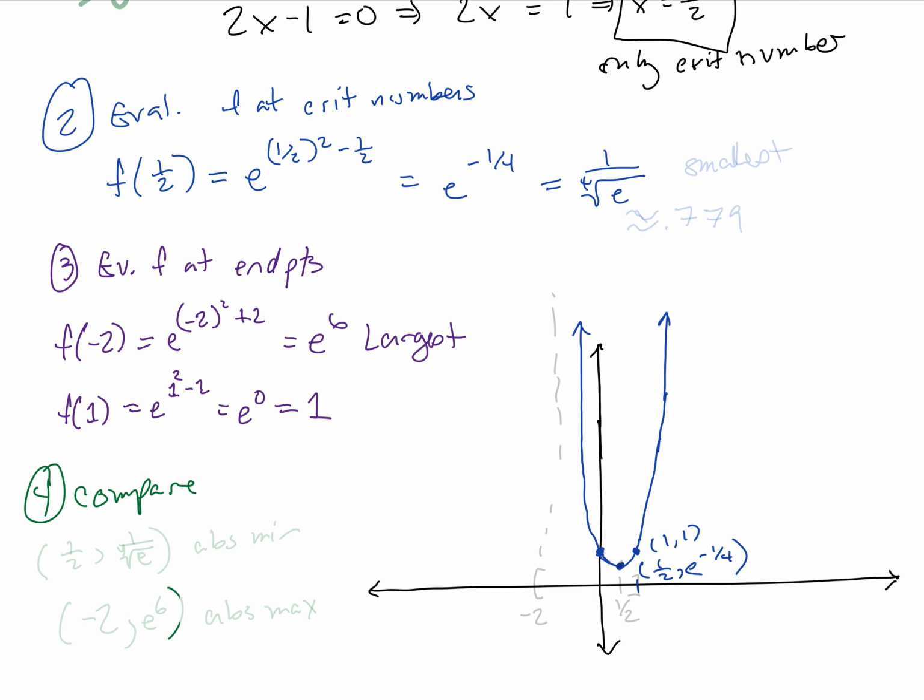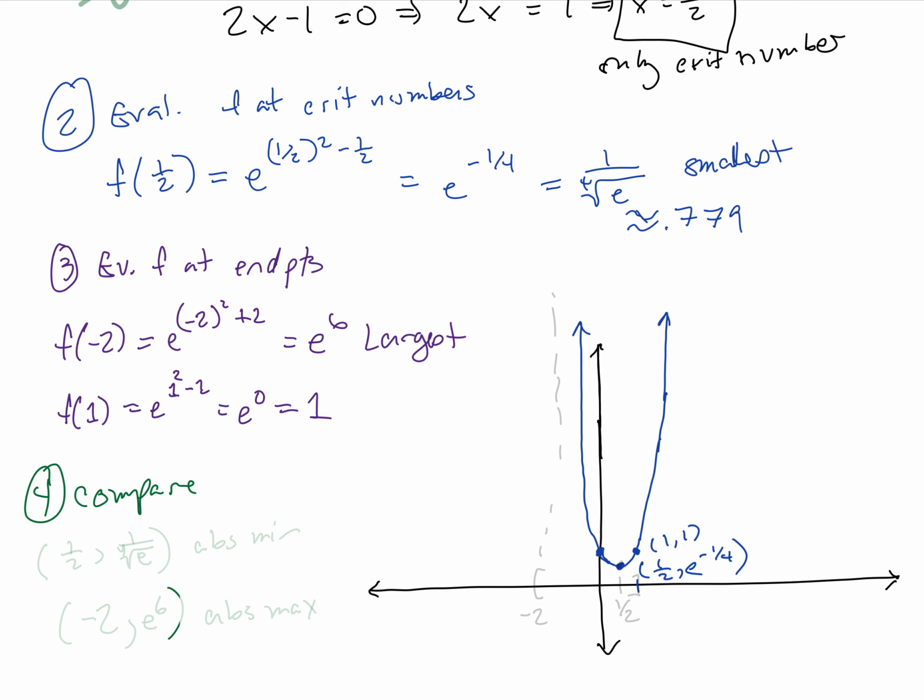Well, the fourth root of e is larger than 1, so 1 over the fourth root of e is the smallest. If you wanted to calculate it, you would get that this is approximately 0.779. So you can calculate it, or you could just leave it as it is. But this is smaller than 1, it's smaller than e to the 6th, so it's the smallest of the values.